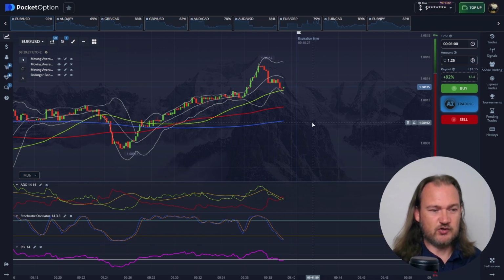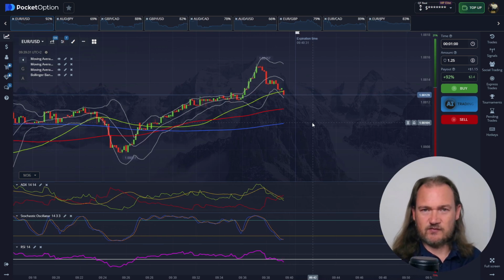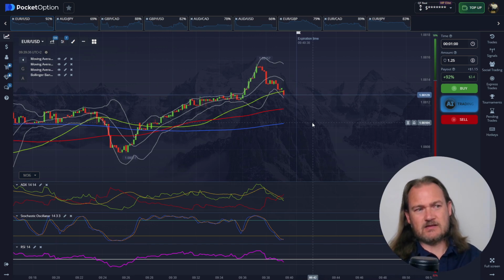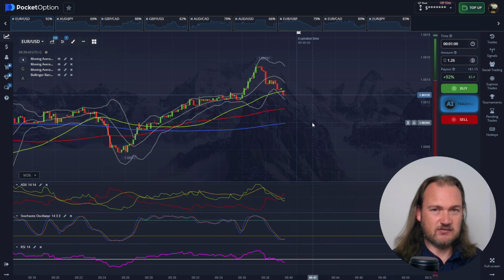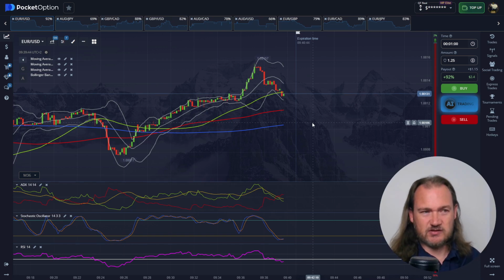It's not possible for a human to do 1,000 trades a day, or 2,000, or 5,000, or 10,000, because we cannot really do the math in our heads. I'm pretty sure there are exceptions, but that's like one in every 100 million people, maybe.